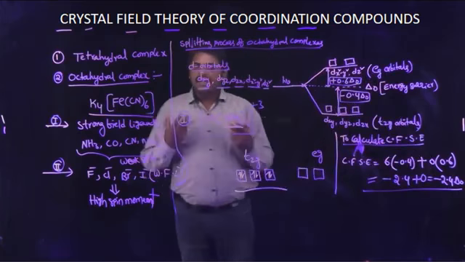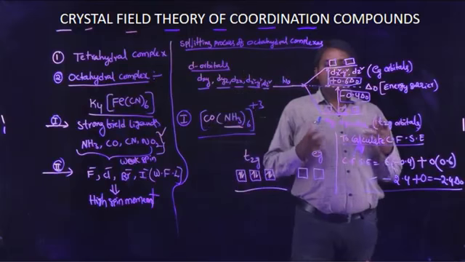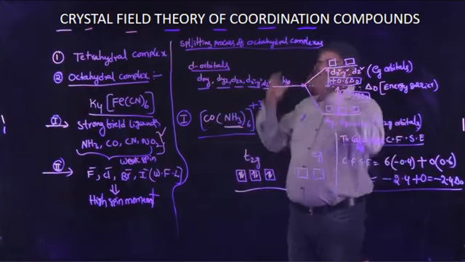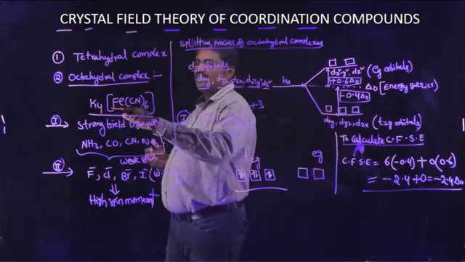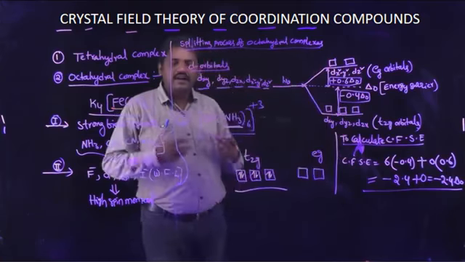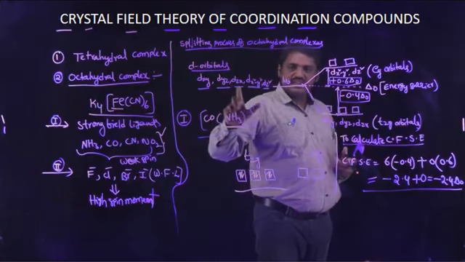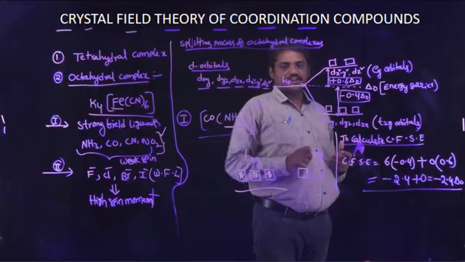Okay, now I am going to discuss the splitting process of octahedral complexes. Generally, the central metal atom is a d block element in any coordination compound. The d block element has 5 degenerate orbitals: dxy, dyz, dzx, dx square minus y square and dz square.